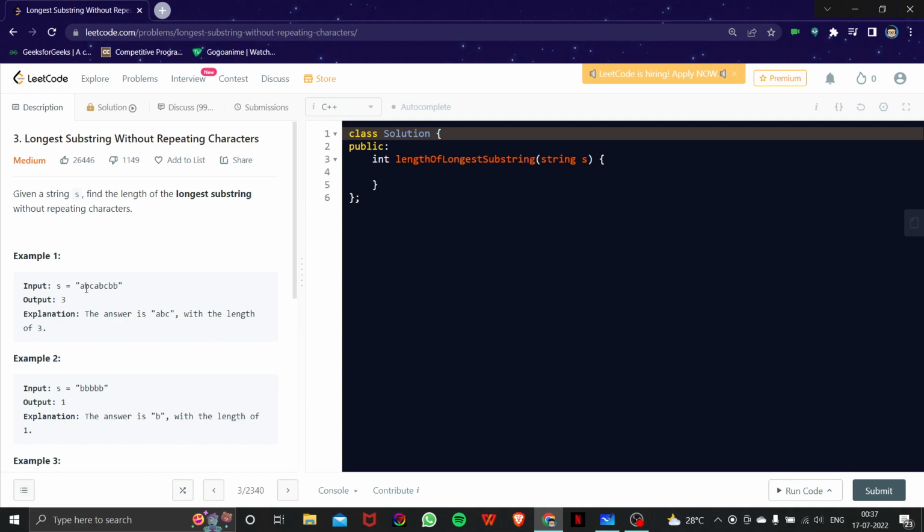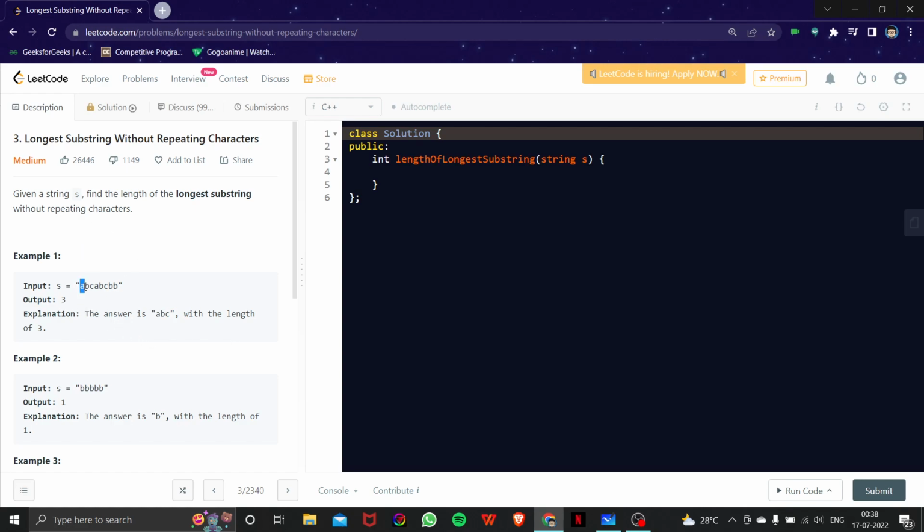Now let's look at examples and analyze, and I guess that would help us to get the answer correct. If I look at this problem, what would be the longest substring without repeating characters?